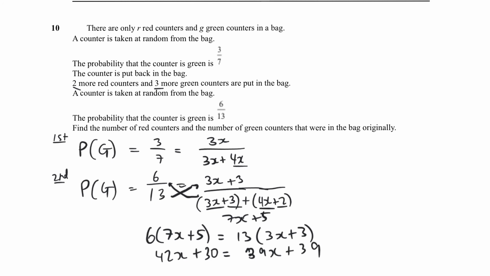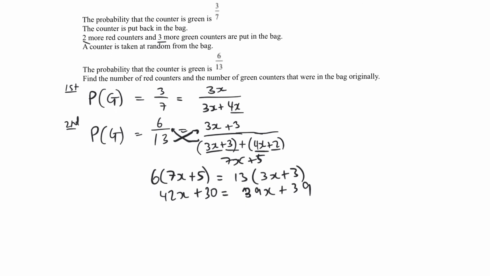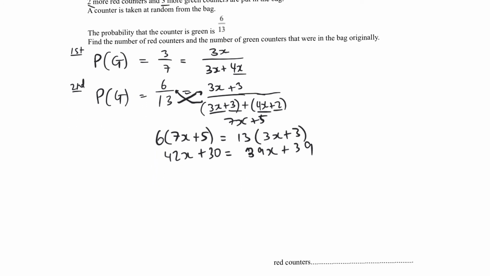Okay, so now that we have this rearrangement, we are going to collect the x's to one side. So that's going to be 42x minus 39x is equal to 39 minus 30. That's going to be 3x is equal to 9. And then x is equal to 3.